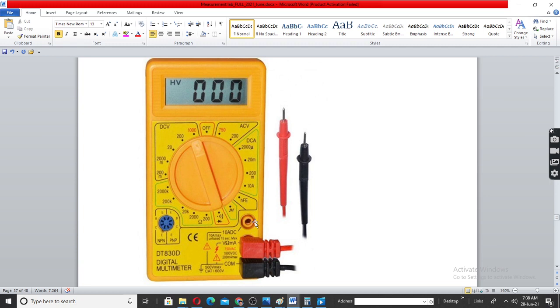Now, you can select any range and connect the multimeter leads appropriately in the circuit. If you select a voltage range, connect the leads in parallel across the circuit where voltage is to be measured, such that the range selected is higher than the actual circuit voltage.